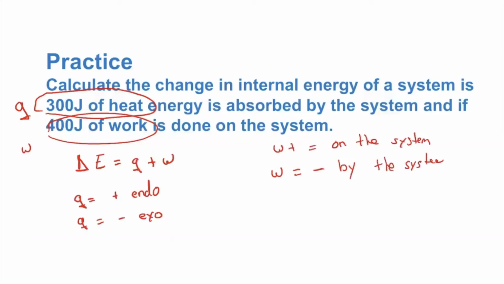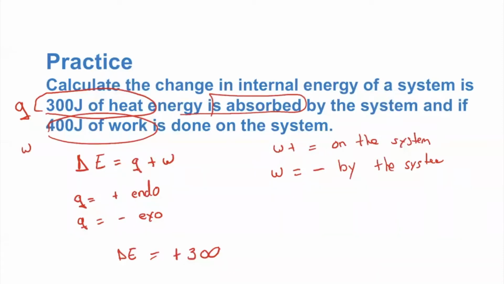So here, we know that Q is 300, but is it positive or negative? Energy is absorbed right there. It's telling you that it's positive.